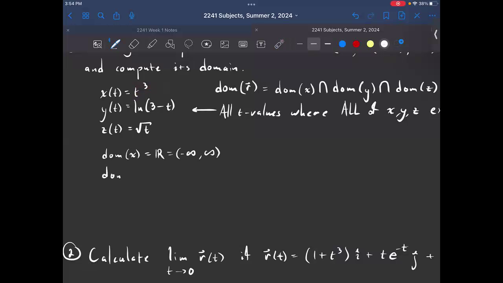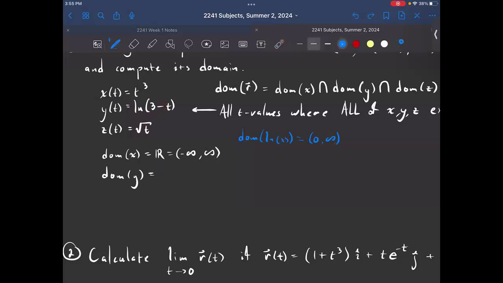All right, next we have the domain of y that we need. Well, okay, we have the log function, and we know that the domain of the log function is 0 to infinity. So whatever gets plugged in here needs to be a positive number. So we need 3 minus t to be positive.